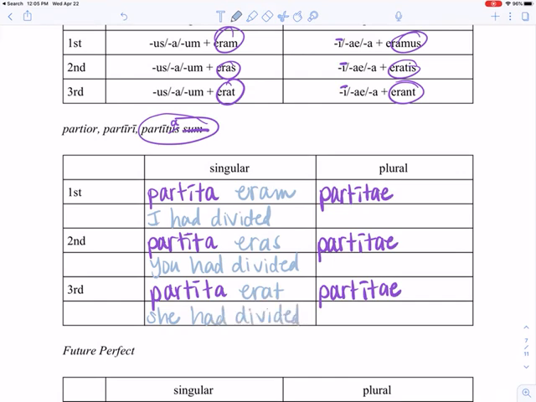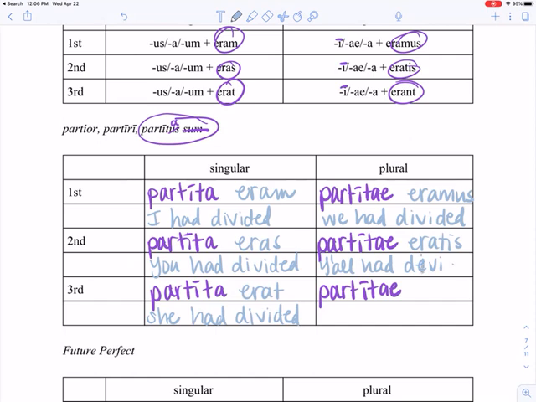All right, over on first plural, we have partitae eramus. And this is we had divided. For second plural, we'll have partitae eratis, for y'all had divided.